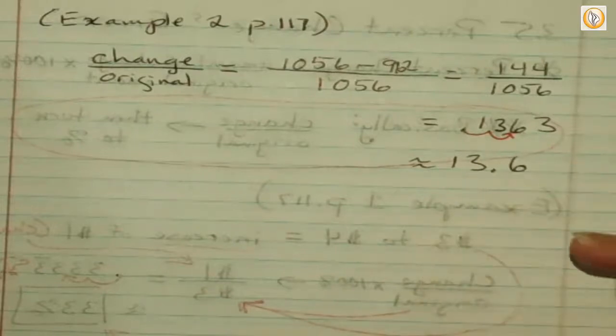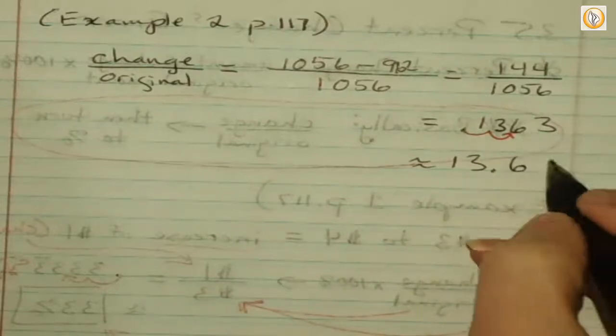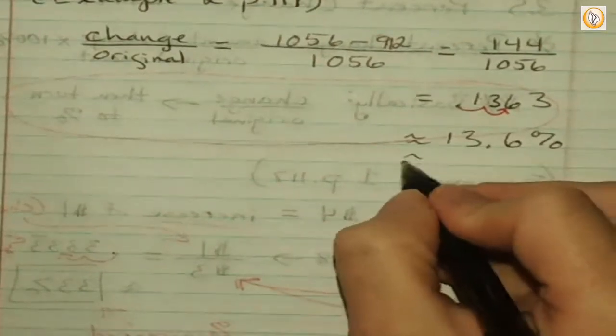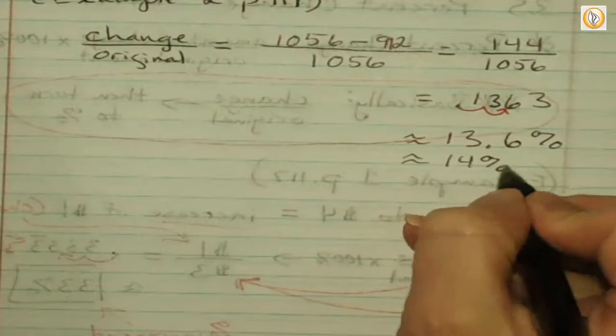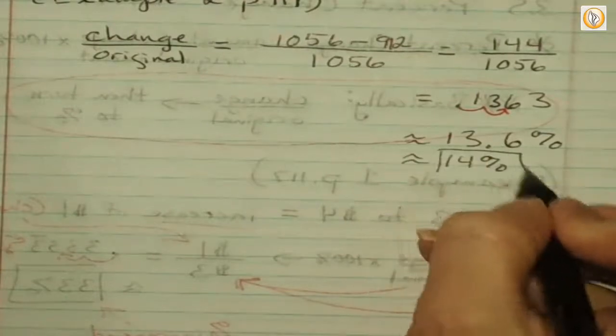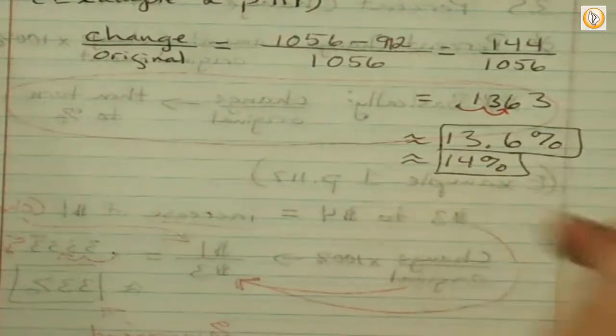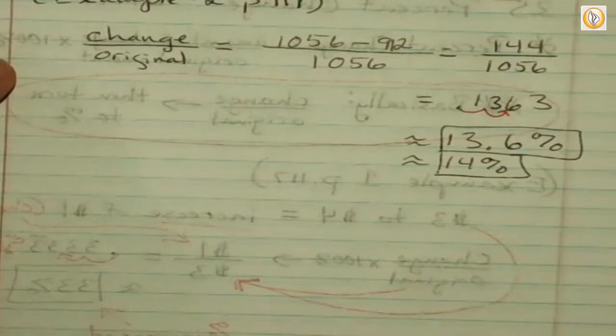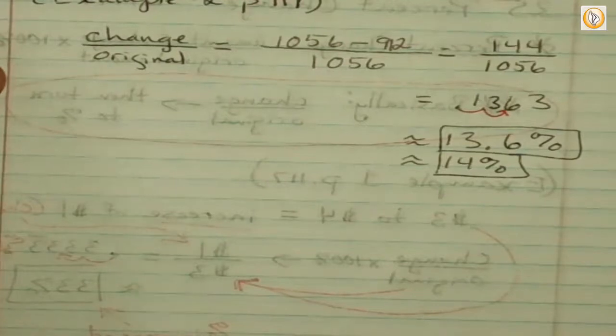Well, 0.6. I mean, you can round it percent. If you want to round it to a whole number, 14%. I will choose either one as correct. I don't care, unless it tells you otherwise. Which it did. To the nearest tenth of a percent.